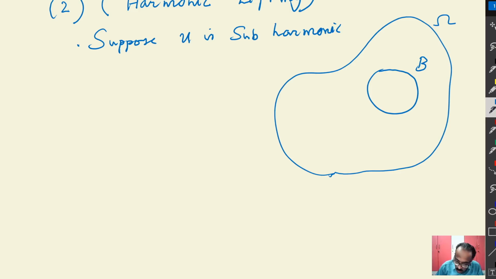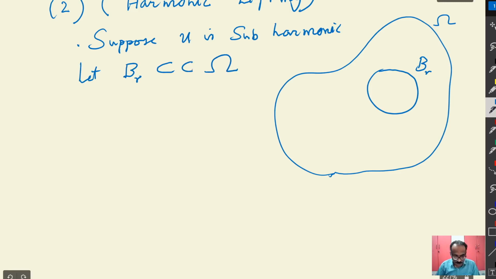So look here, U is sub-harmonic, and you consider a ball of radius R, B_R, strictly contained in omega. Then you define G(x) to be the boundary values of U, because U is a continuous function.